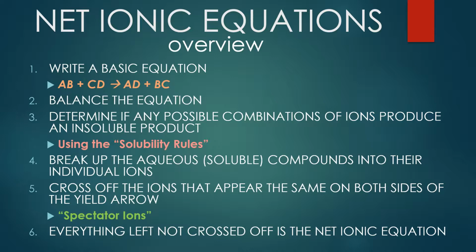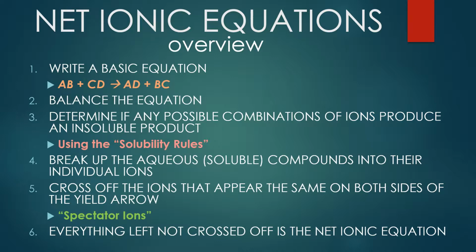You're going to do that using the solubility rules or the solubility chart, which I'll show you a copy of. Number 4 is after you determine which is going to be soluble and which is going to be insoluble, you take all the soluble compounds and you break them up into their individual ions. You'll see more about that when we get to it.